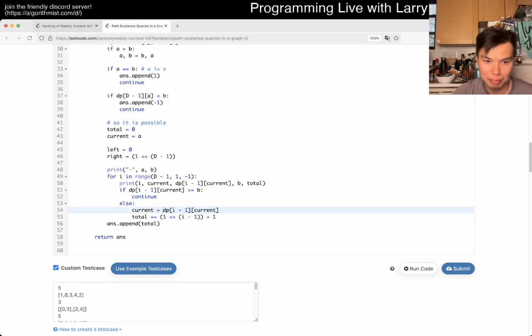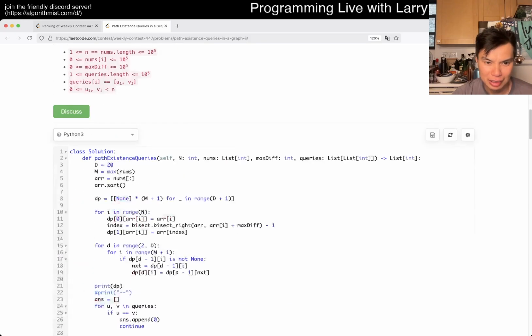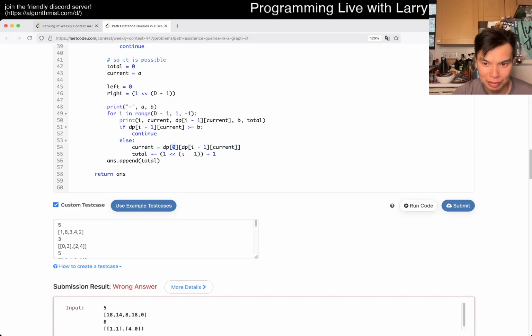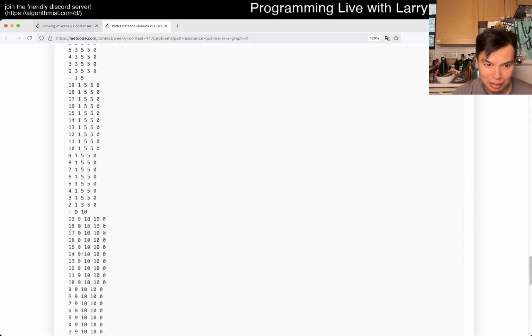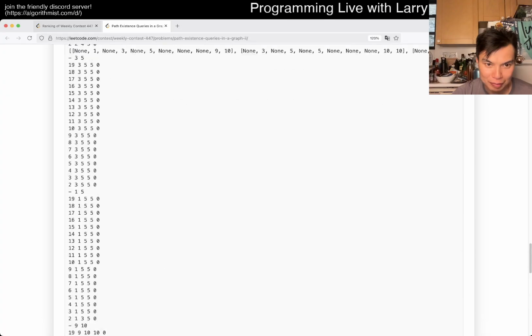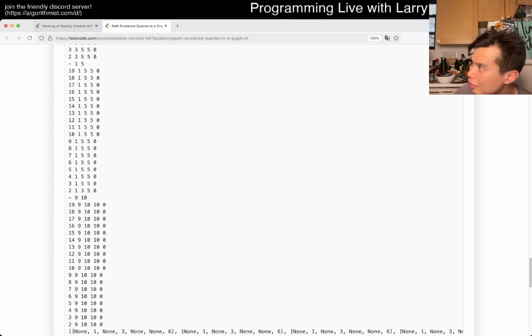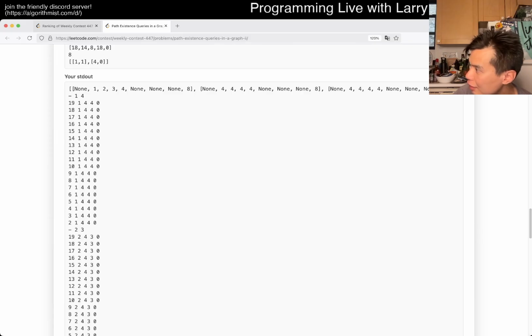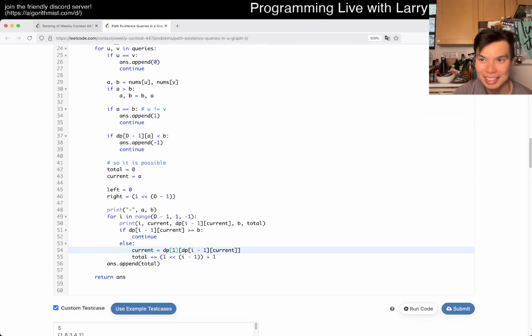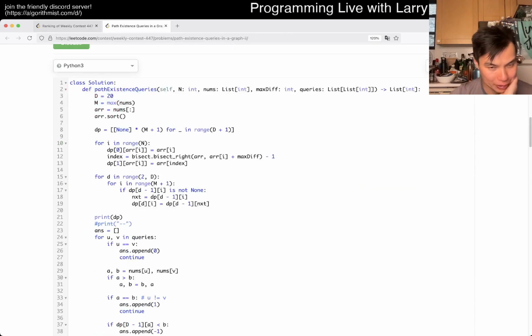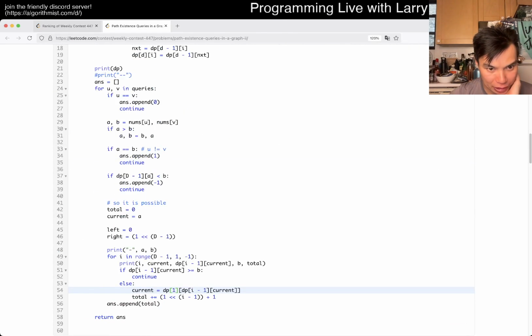So dp of 0 of this. Oh, one move to get to the next. I don't know, I feel like I'm so close. I knew the ideas, but I'm just so bad at this part of reconstructing.